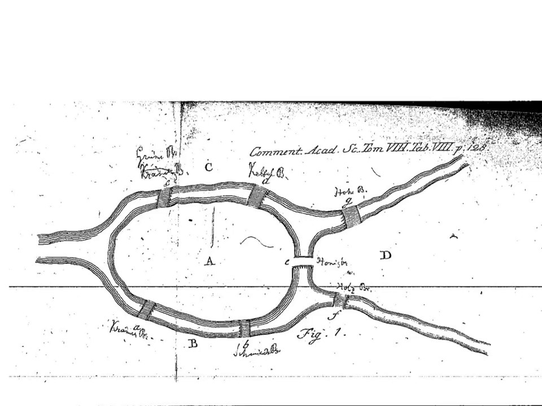Euler published the solution to the problem of the 7 bridges of Königsberg in a paper, and this is his sketch of the bridges of Königsberg in the paper.